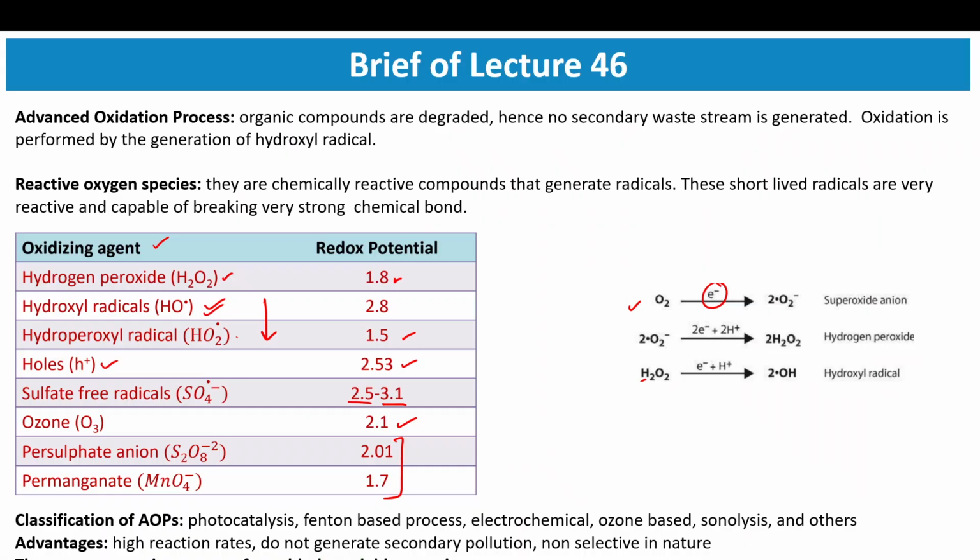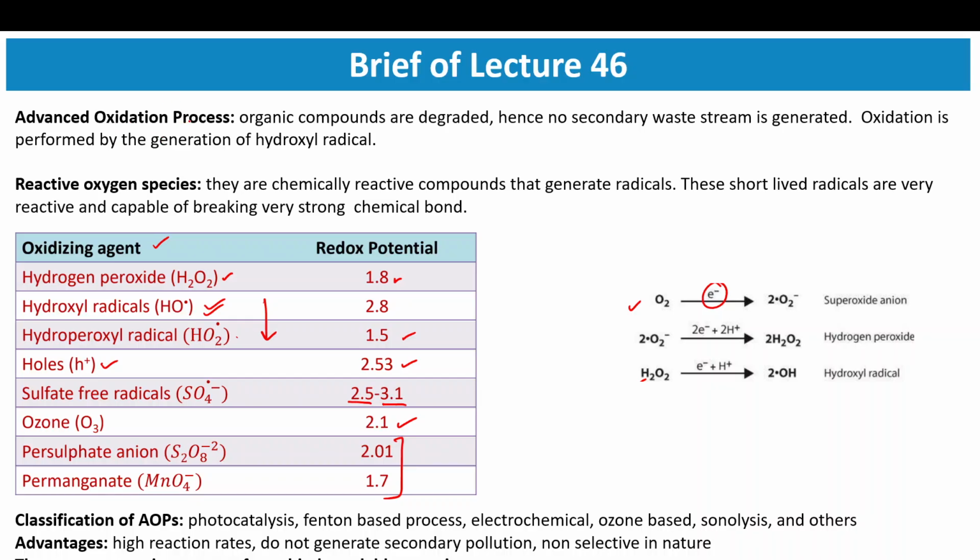So what are advanced oxidation processes? These processes are nothing but tertiary treatment processes which are used for the treatment of wastewater, and these are basically used for degradation of organic compounds, that is the major aim.